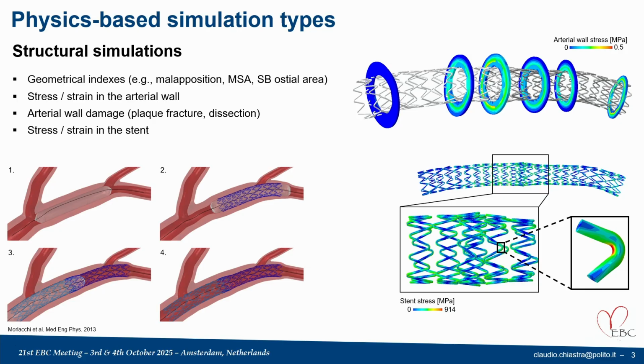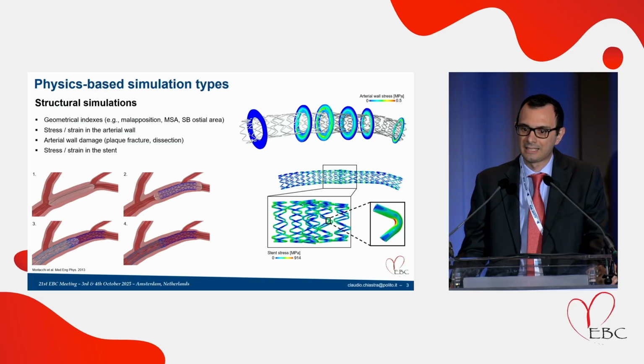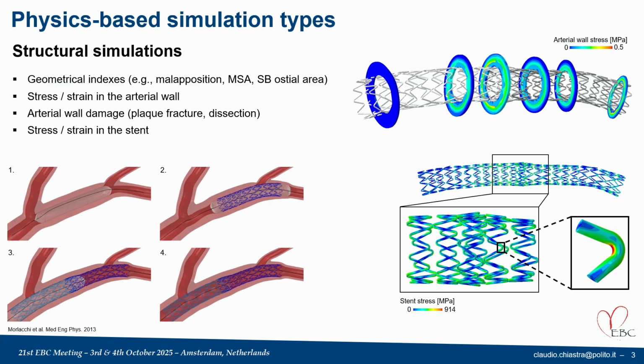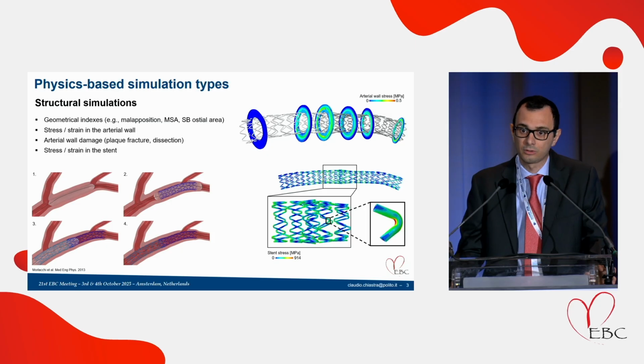First, structural simulations or finite element analysis of stent deployment, like the example that you can see here, which enable the quantification of geometrical indexes, like malposition, MSA, side branch ostial area, the stress and the strain in the arterial wall, and also the arterial wall damage provoked by the expansion of the stent, by the expansion of the balloons. And finally, it allows us to compute the stress and the strain in the stent. All these quantities cannot be computed locally in vitro or in vivo.